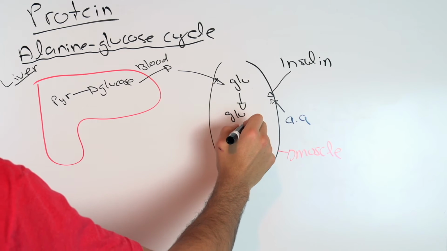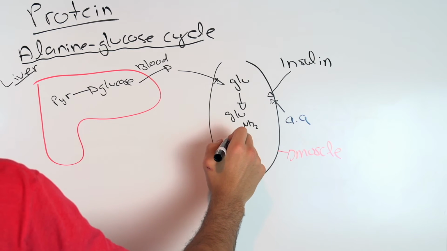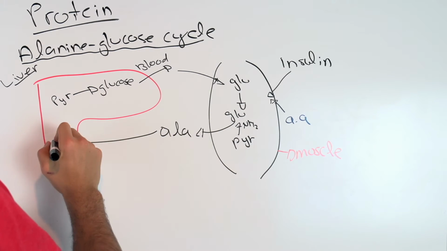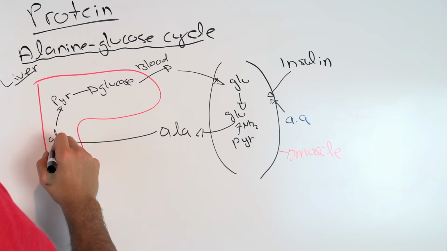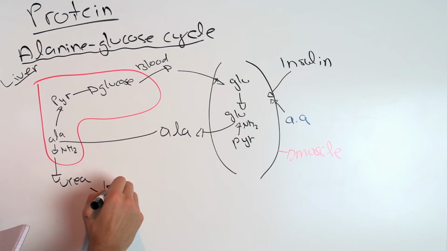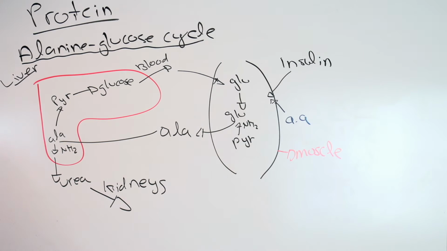You have the NH2 group that I added right here. You have pyruvate. The addition of these two will make alanine. Like I showed you guys before, alanine can enter the liver, get cleaved of an NH2 group, produce pyruvate, go back to glucose, re-enter the bloodstream, and that whole cycle can continue.